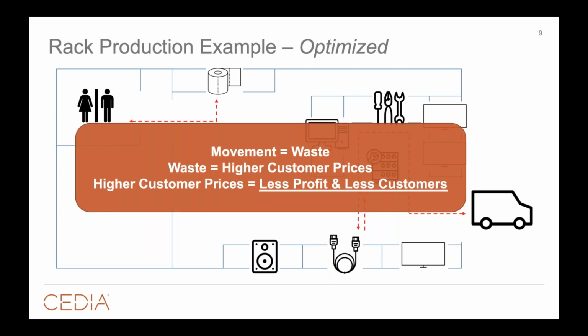Ultimately, and this is important, movement equals waste. How do we decrease the amount of movement? Waste translates into inefficiencies, which ultimately leads to higher prices. And if we're charging more than what we need to for goods and services, we have less profit and ultimately less customers.